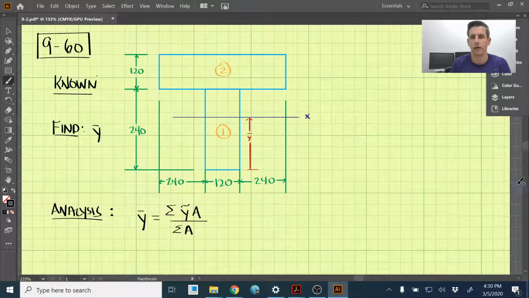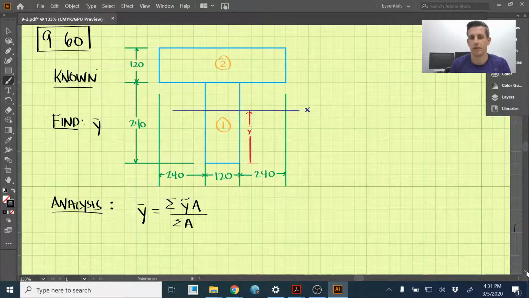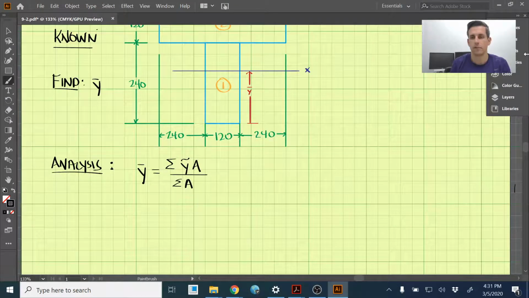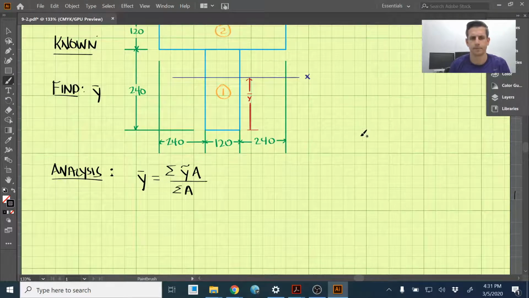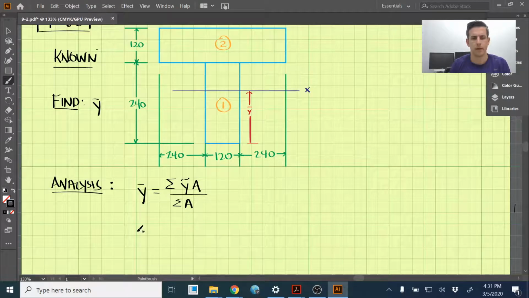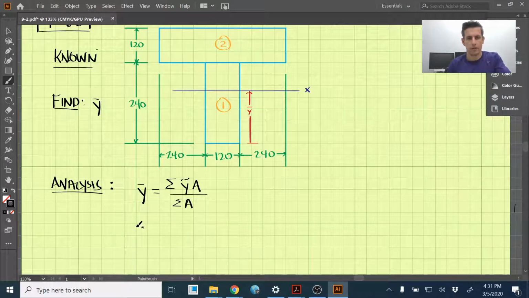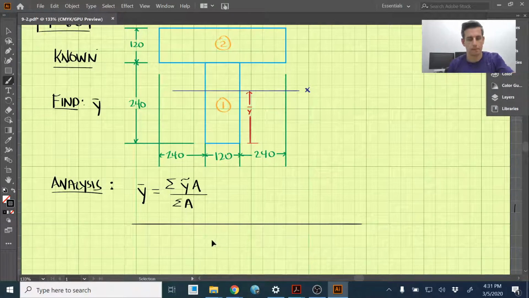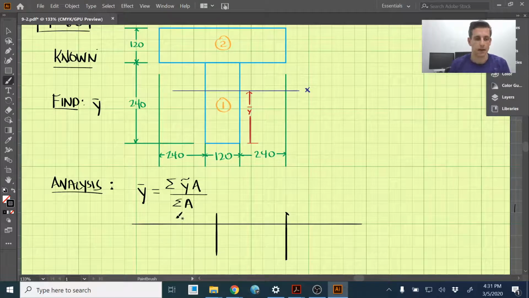All right, so I think the easiest way to go about this is to make a table. So we're gonna see if I can draw a table here. Okay, and here is going to be our areas.